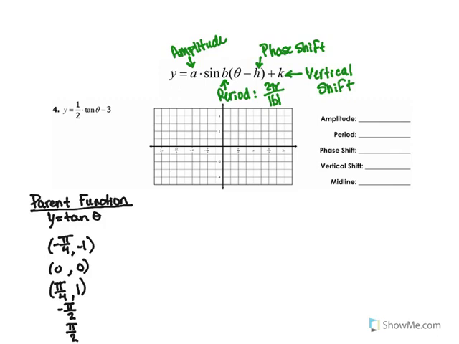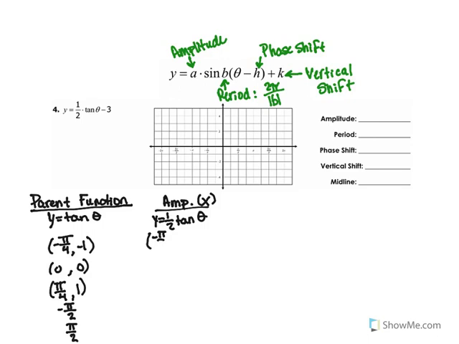Now next we need to do our amplitude, right? So our amplitude is going to be y equals 1/2 tangent of theta. And this means that we need to multiply all of our y's by 1/2. Remember, amplitude is multiply. So we're going to take all of our y's and multiply them by 1/2.